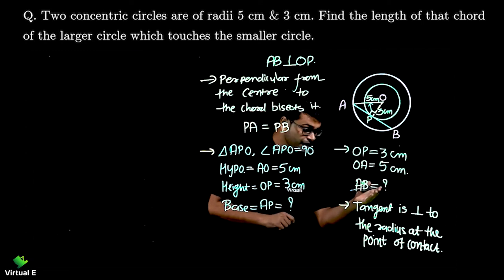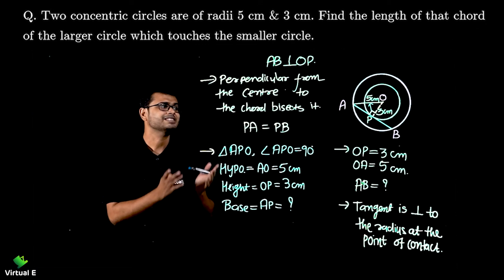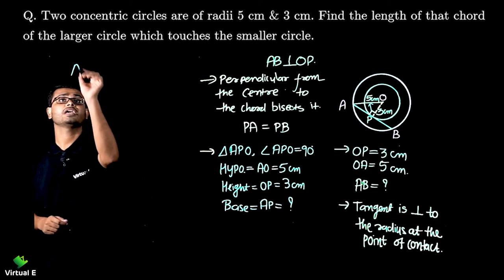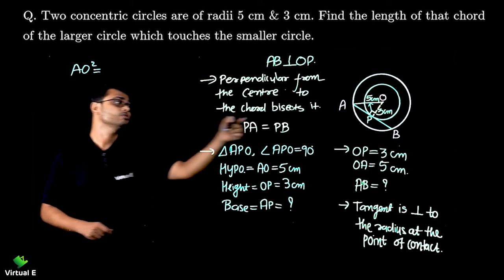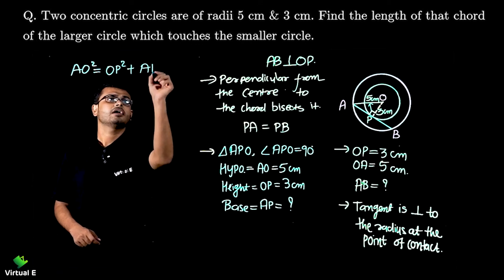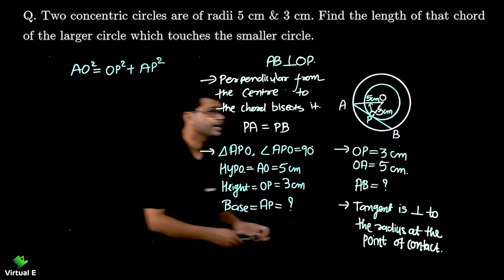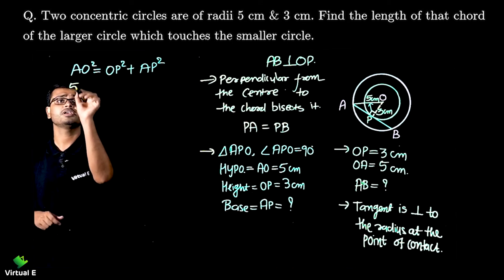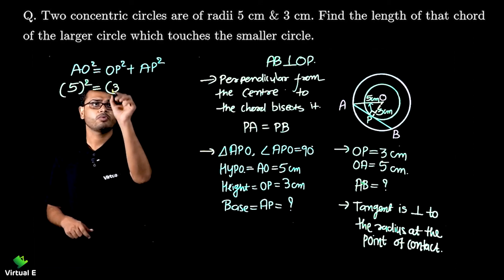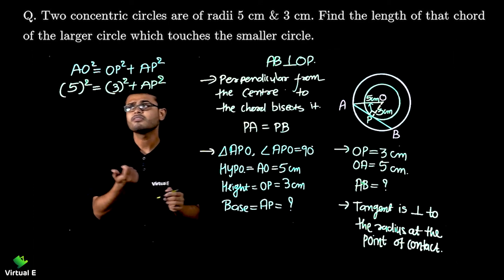We wanted to find AB, but we are finding AP, and we will multiply it because the chord is bisected. So let's use the Pythagoras theorem: AO square is equal to OP square plus AP square. Let's substitute the values. AO is 5, so 5 square, OP is 3 square, and AP square as it is because we want to find it.